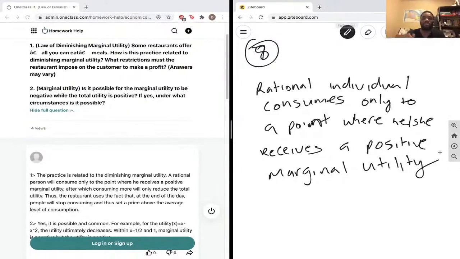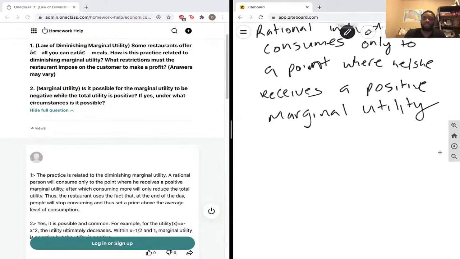And based on this definition, if you're like me and you go to an all-you-can-eat buffet, you are not a rational individual. But that's the definition of a rational individual in terms of consumption.